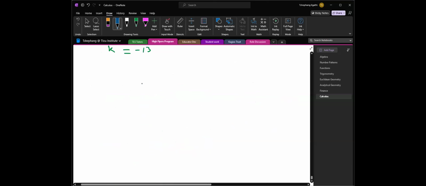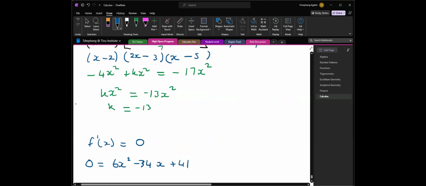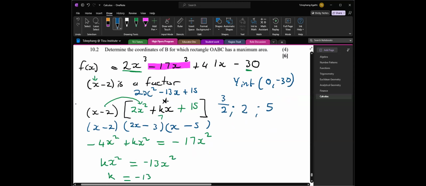Turning points. So f prime of x equals 0 for our turning points. So 0 is equal to 6x squared minus 34x plus 41. I just differentiated that.